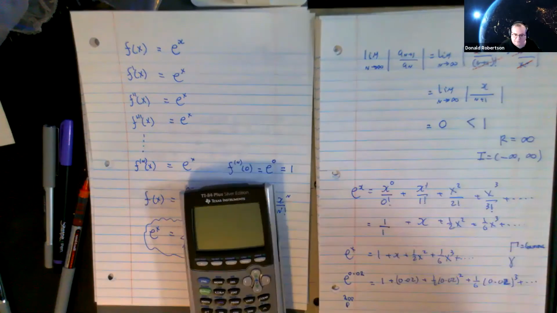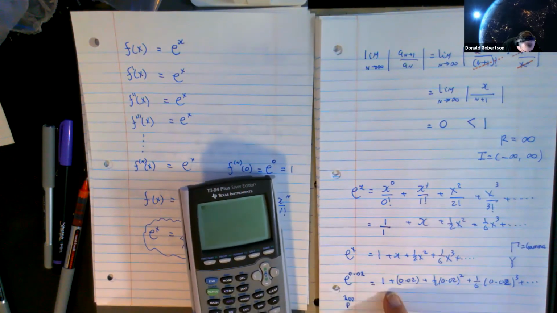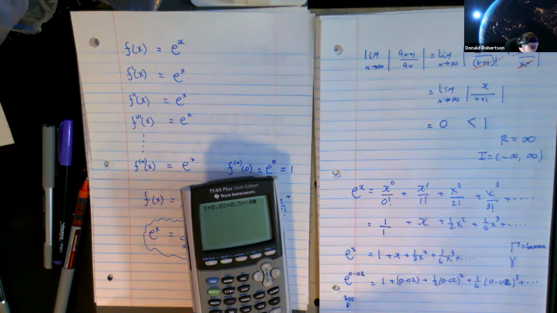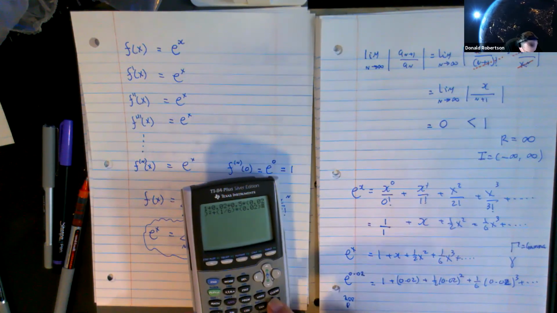Okay, let's find out how good it is. Clear this out. And it's going to be 1 plus 0.02 plus a half, which is 0.5 times 0.02 squared, plus 1/6 times 0.02 cubed.